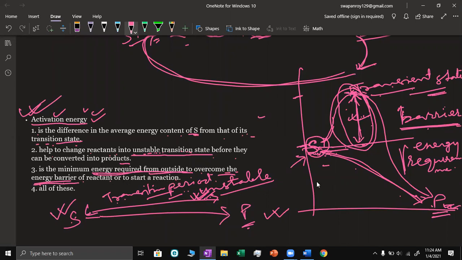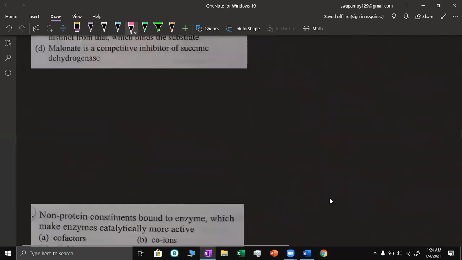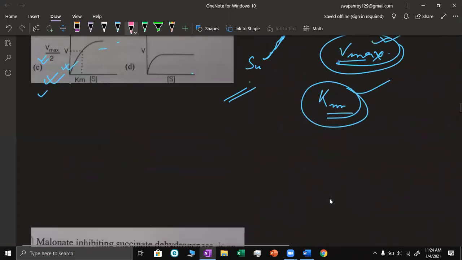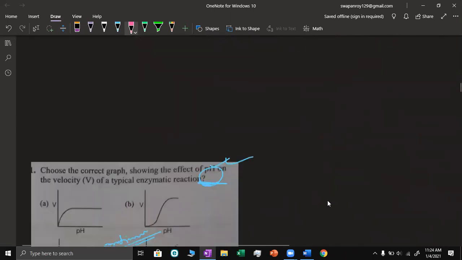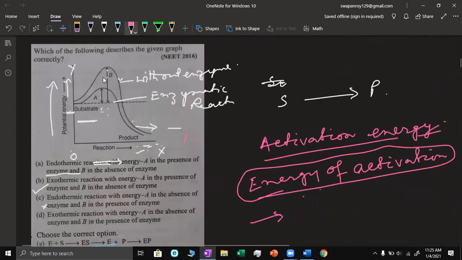Here, I think you can see this diagram. Say this is the substrate, and this line shows the potential energy. So the substrate has a potential energy here.